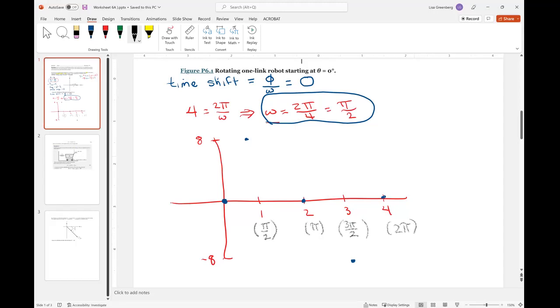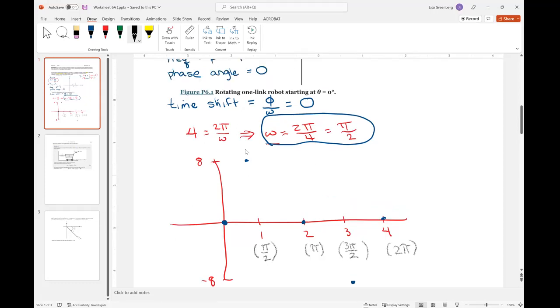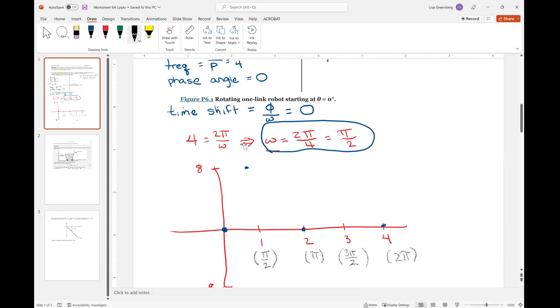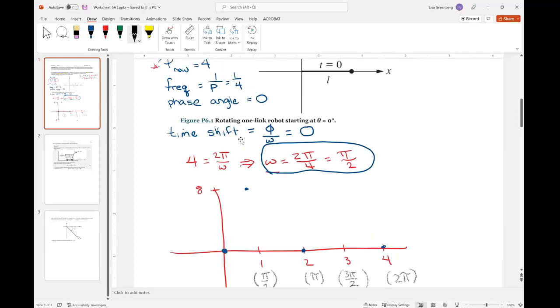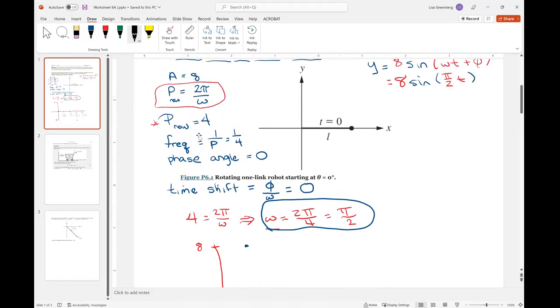But we know that, let's see what made us figure this out. So we know that our new period is 4. We have 2 pi over omega, and we didn't divide anything.